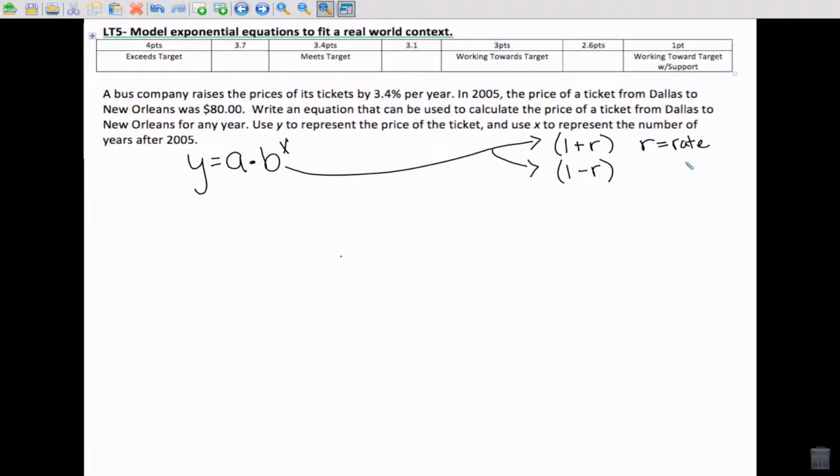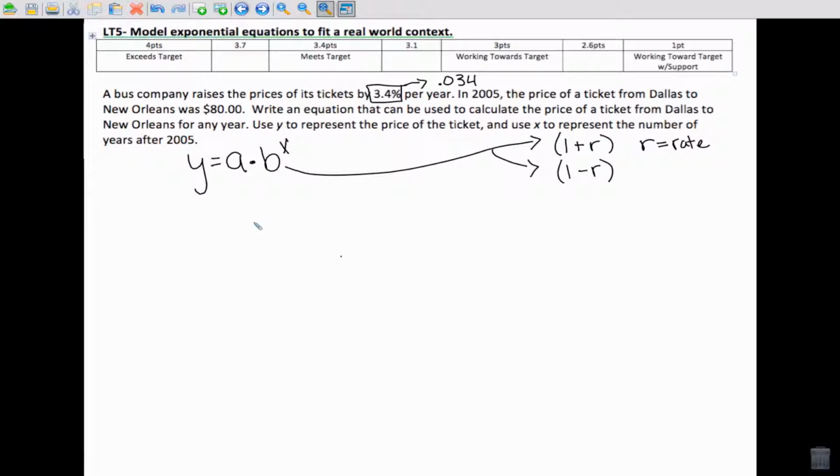Or the constant rate. So in this case, they are increasing ticket prices by 3.4%. Okay? So my R is 3.4%. If I'm going to change that into a decimal, that's going to be 0.034. And since our prices are increasing, I'm going to take that 100% and add 3.4%, or 0.034.